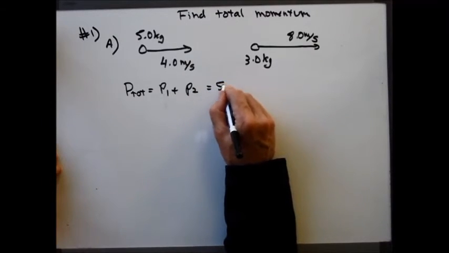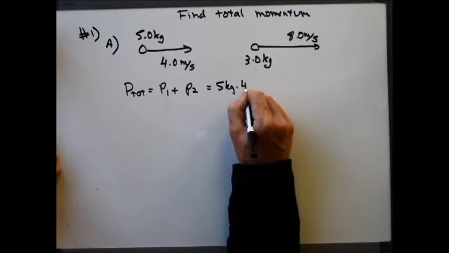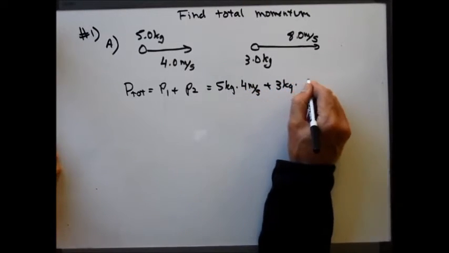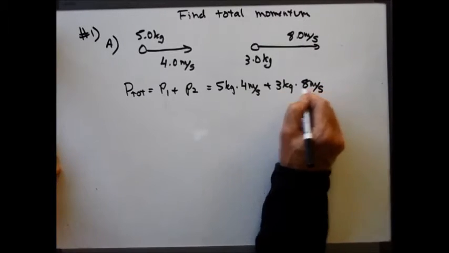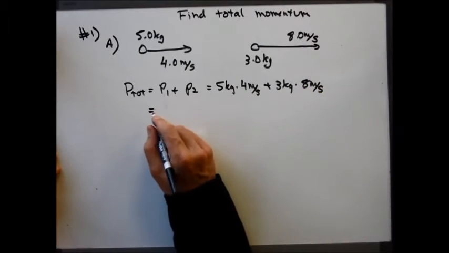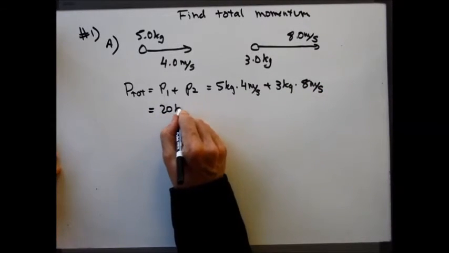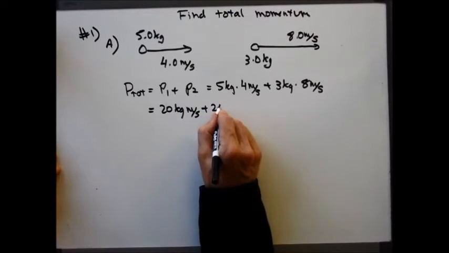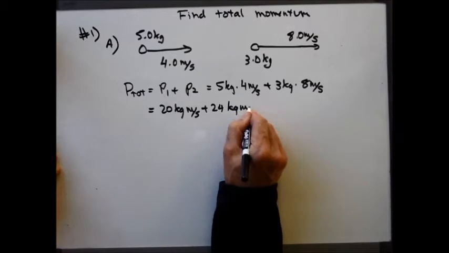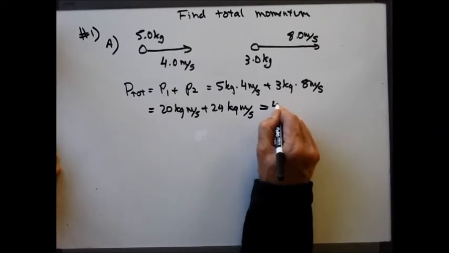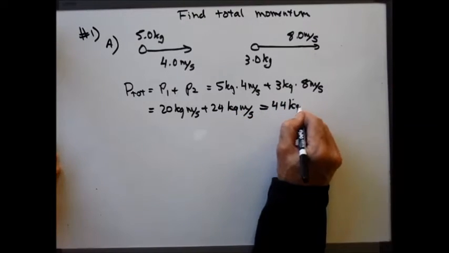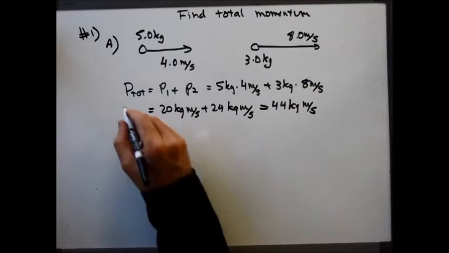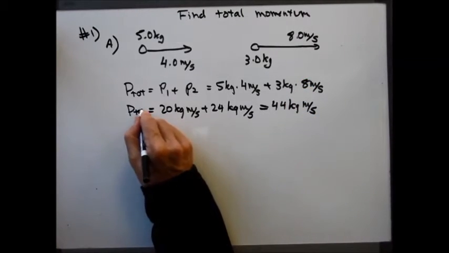And that's 5 kilograms times 4 meters per second, plus 3 kilograms times 8 meters per second. And that's equal to 20 kilogram meters per second, plus 24 kilogram meters per second, or 44 kilogram meters per second.